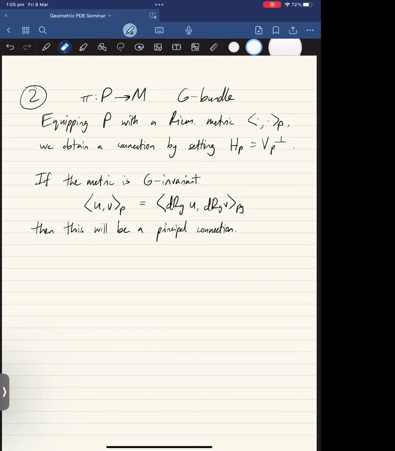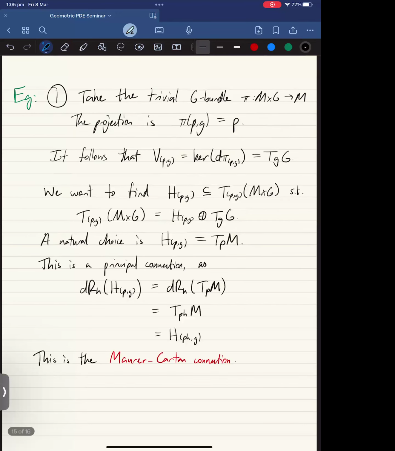The Maurer-Cartan form is the connection form. You're going to talk about that next time, Max? I guess, that will be next week's. I just did a Google search trying to find any definition of Maurer-Cartan connection. So certainly, when you have a principal connection, it defines the connection form.